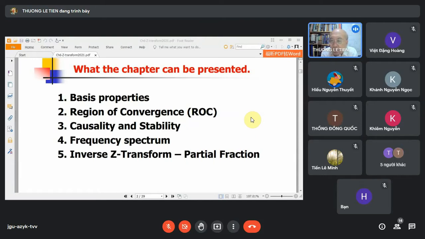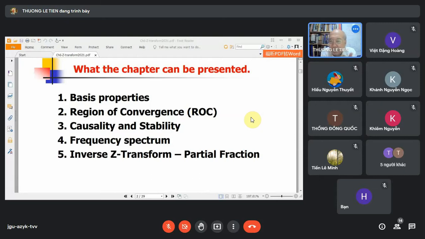But instead of using a Bode plot, we can use the Z function. Sorry for the interruption.